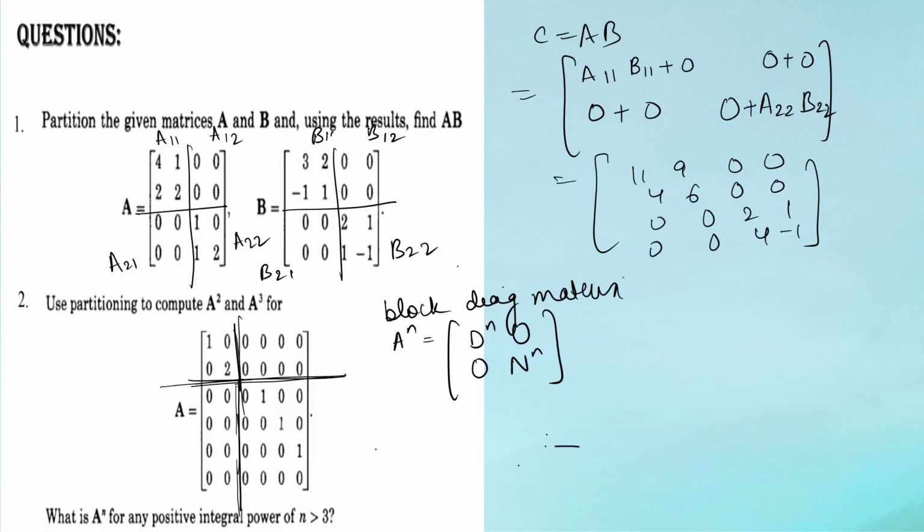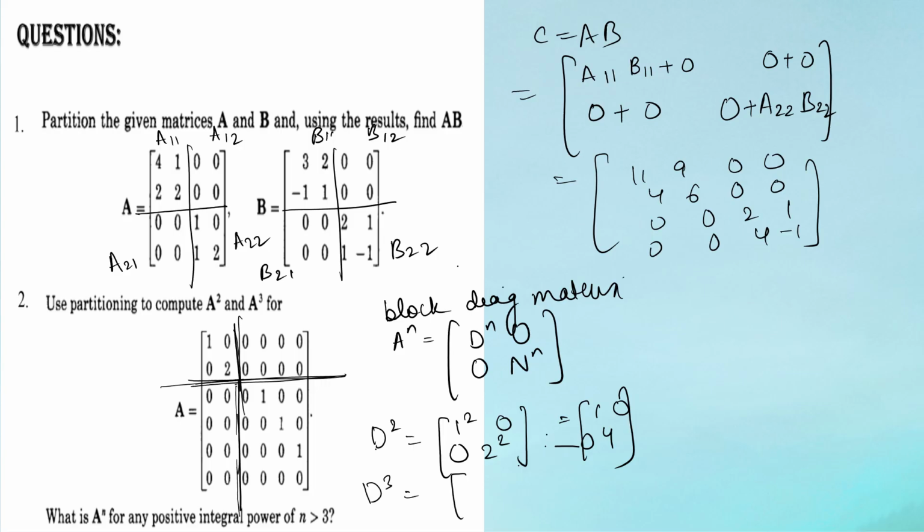Actually these are block diagonal matrices. If you see clearly, you only have your elements on the diagonals. So if you want to calculate D square, you'll do 1 square, 0, 0, 2 square. You'll get it as 1004. Similarly, D cube also you can calculate.